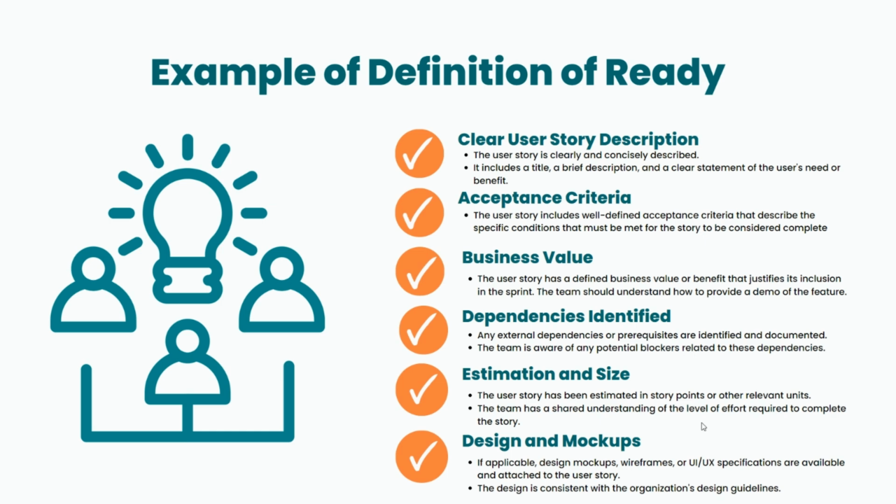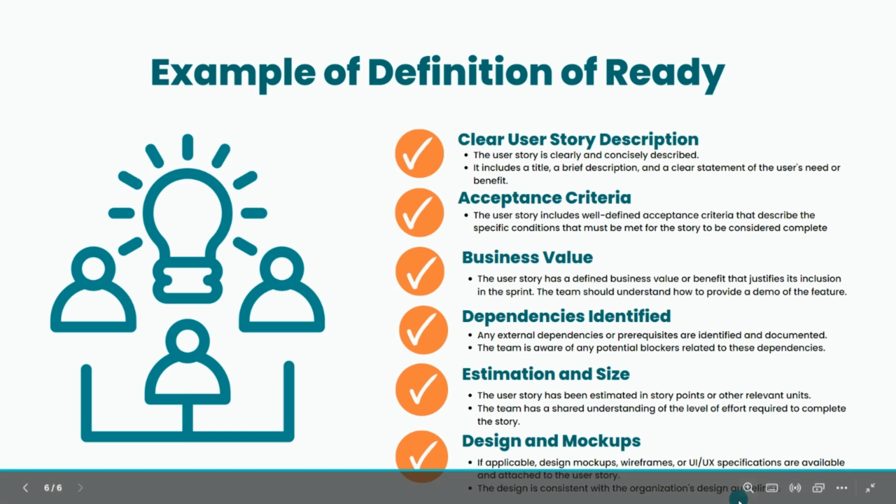So it is equally important while planning that once this is agreed, then that UI or UX screen should also be attached to the user story so that the developer can get a fair idea of what they are supposed to develop. The design is consistent with the organization's design guidelines.